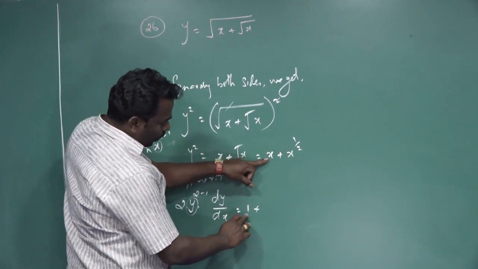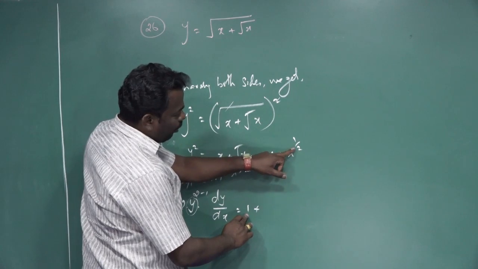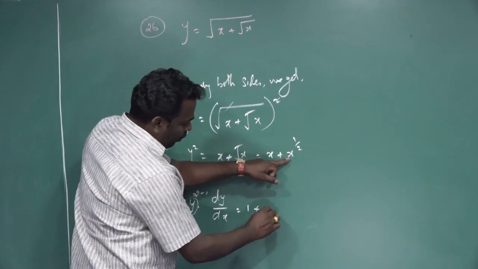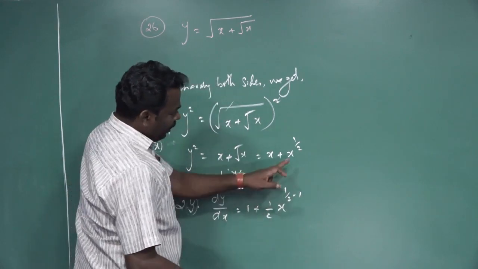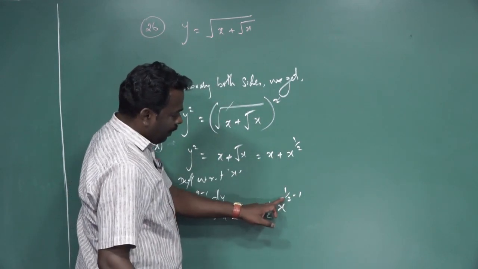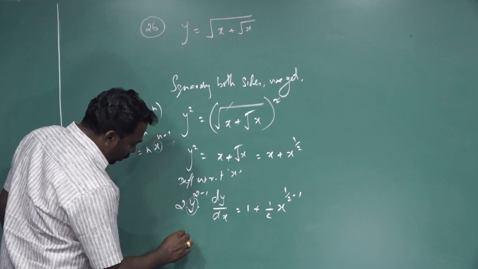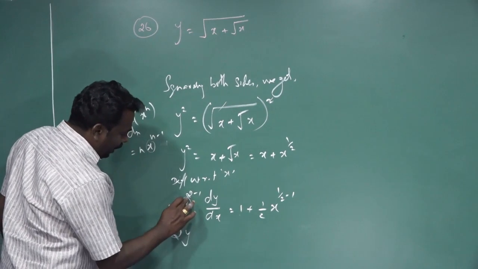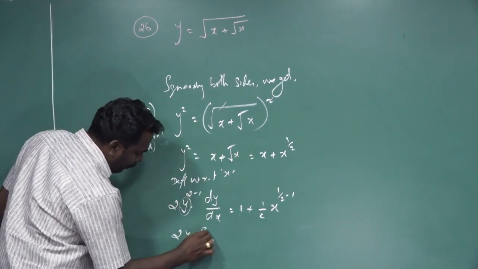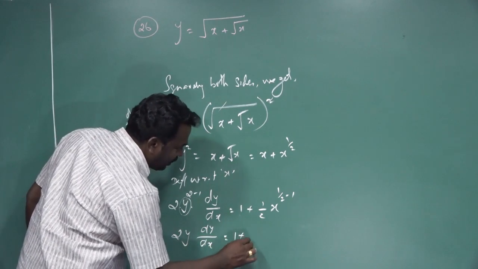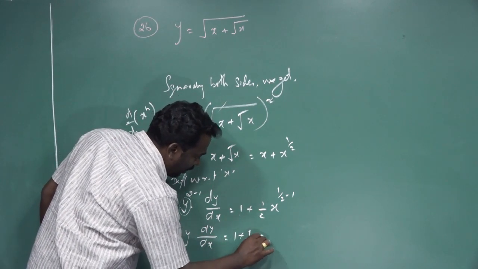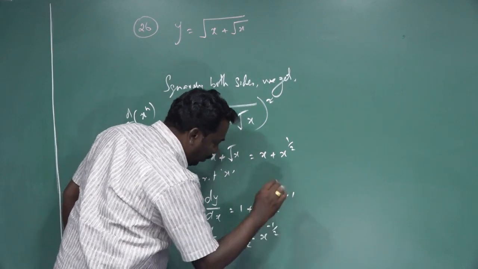Differentiation of x equals 1, and x power n form, n equal to 1 by 2, so 1 by 2 into x power 1 by 2 minus 1. And 2 into y power 2 minus 1 is called 1, dy by dx is equal to 1 plus 1 by 2 into x power minus 1 by 2.